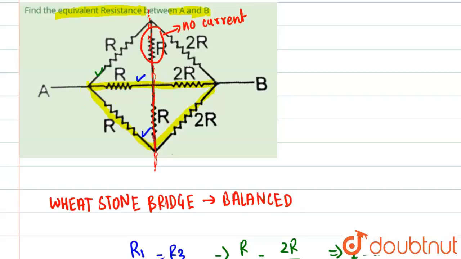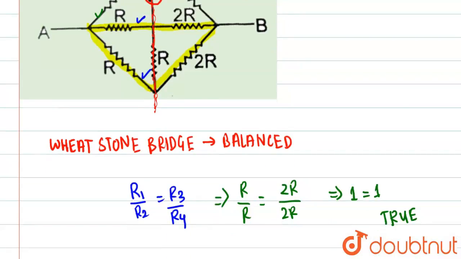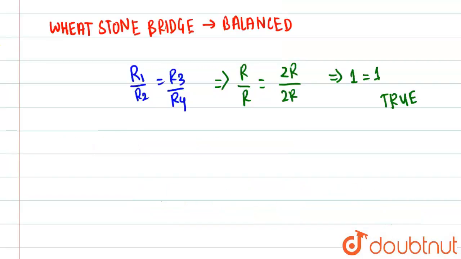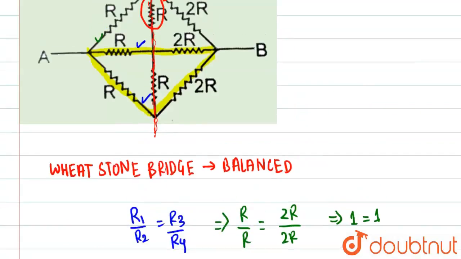For these two branches also, the values are the same, so the answer will come the same, but still I'll show you. R1 by R2 must be equal to R3 by R4. R1 now will be this, R2 will be this, R3 will be this and R4 will be this.